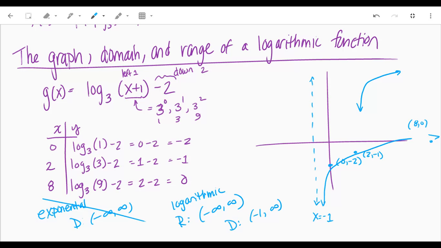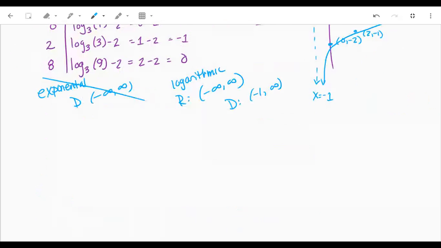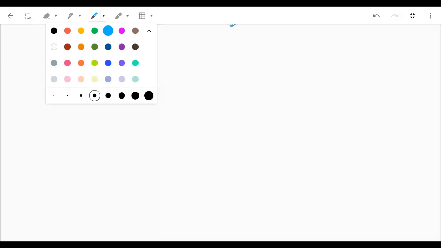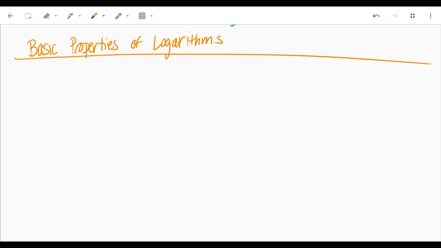Next, we get some fun ones coming up here. Okay, basic properties of logarithms. You definitely want these somewhere in your notes. Okay, and I want to get them written out the same way your Alex does.